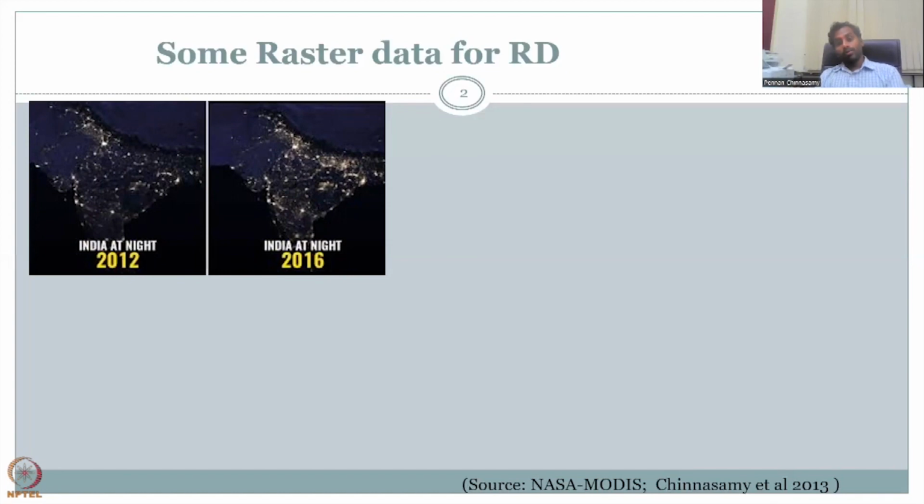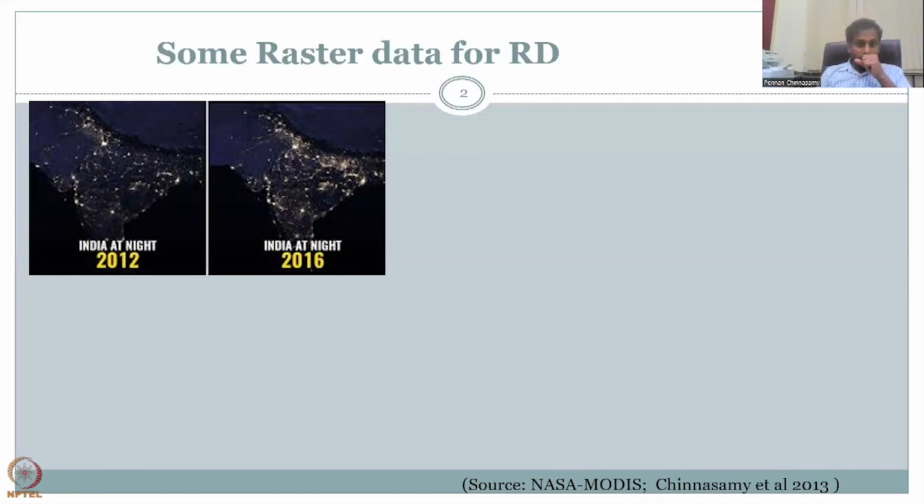So how can we use this for assessing rural development? We have defined what rural development is earlier. And one key aspect is connectivity and rural electrification.